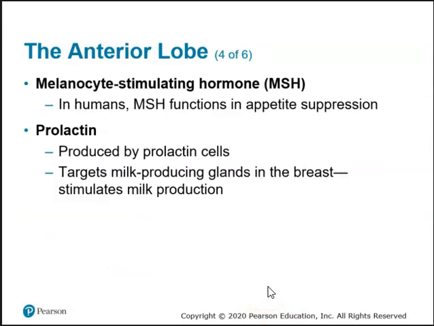Melanocyte-stimulating hormone, or MSH, functions in appetite suppression. And then prolactin is produced by prolactin cells. This hormone targets milk-producing glands in the breast, which will stimulate milk production after the birth of a baby.